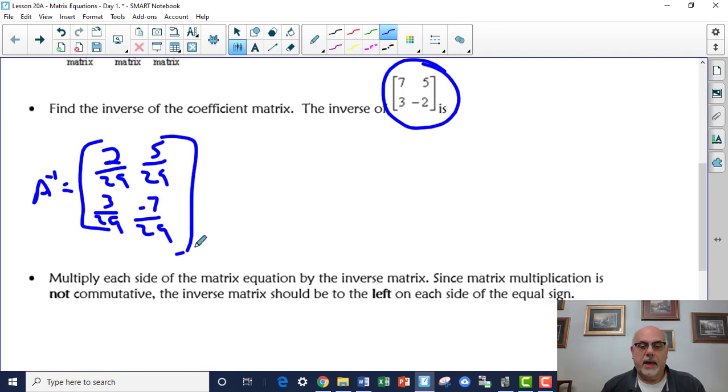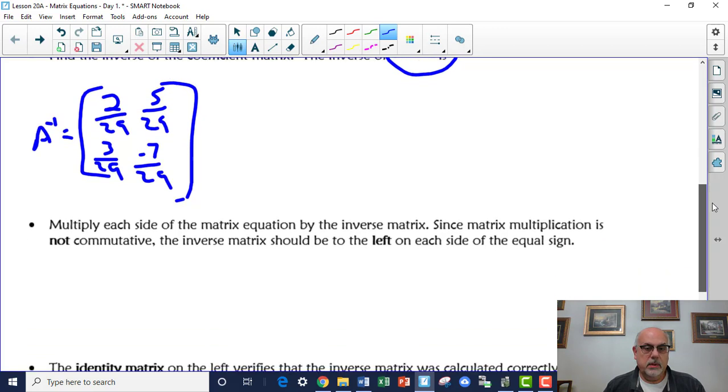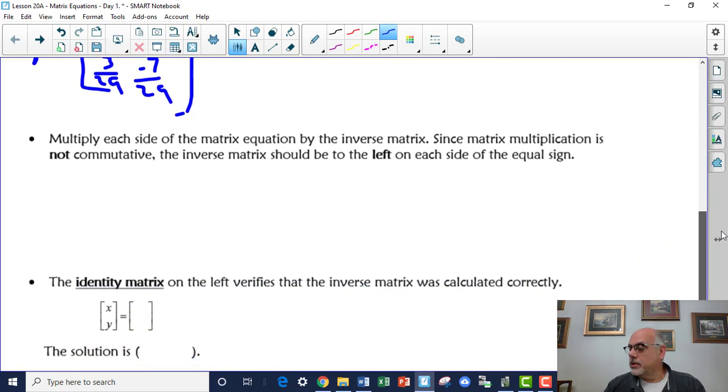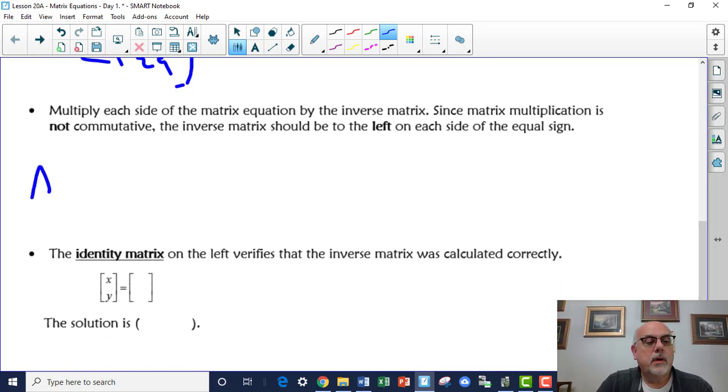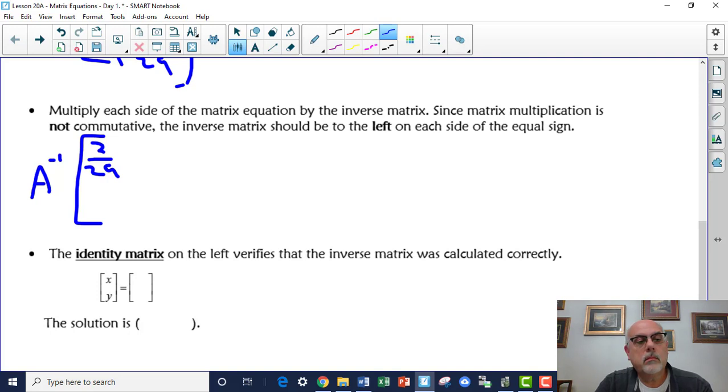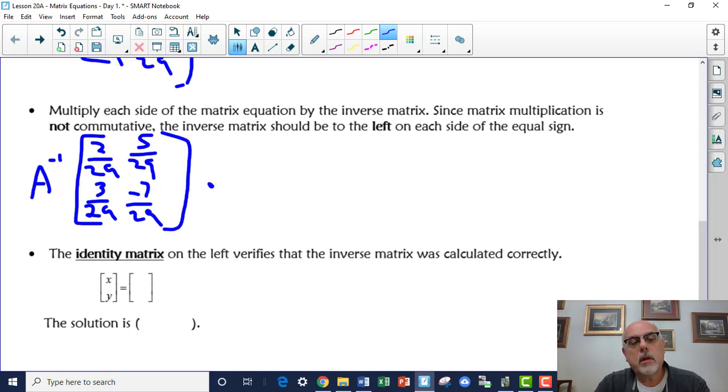We're going to multiply that in this next step down here by the matrix of the answers to the equation. Okay, so we have the inverse of the matrix times the matrix that's made up of the two values on the right side of the equal sign.